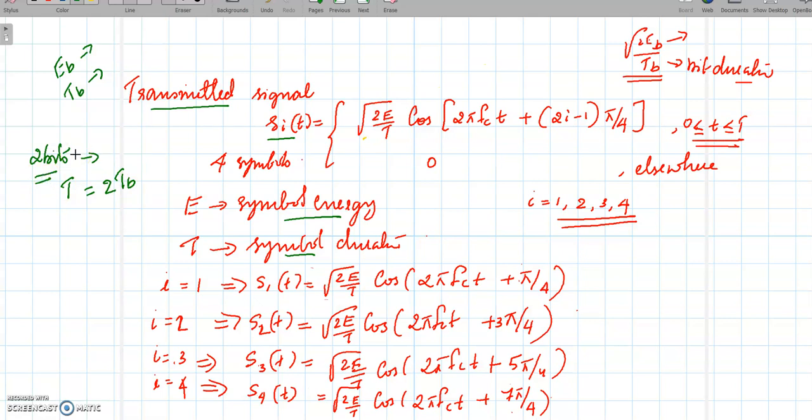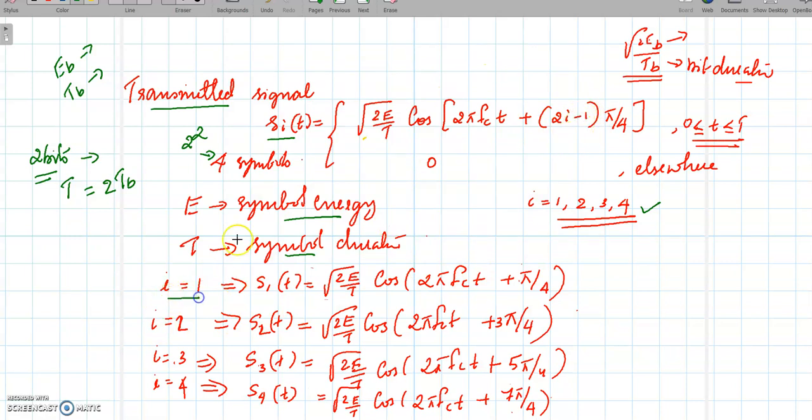As we have seen, there are 2 bits, so 2 raised to 2 gives 4 symbols. So i ranges from 1 to 4. You just substitute i equal to 1 to 4 in this expression.